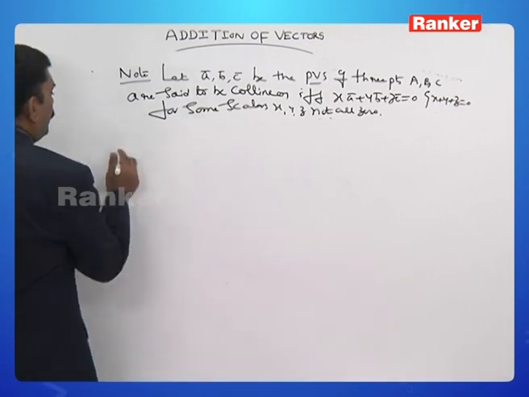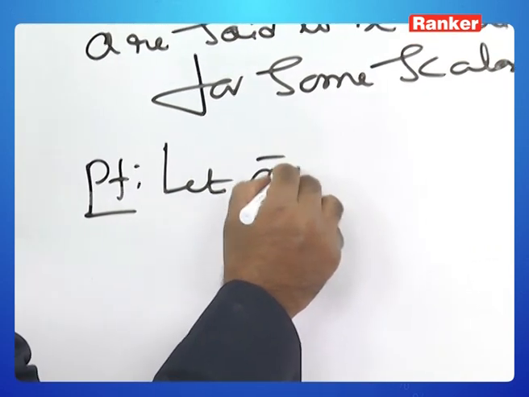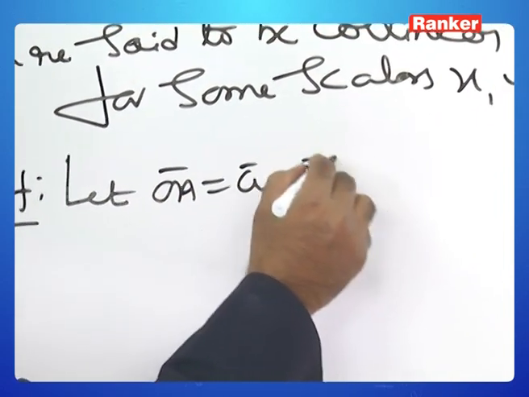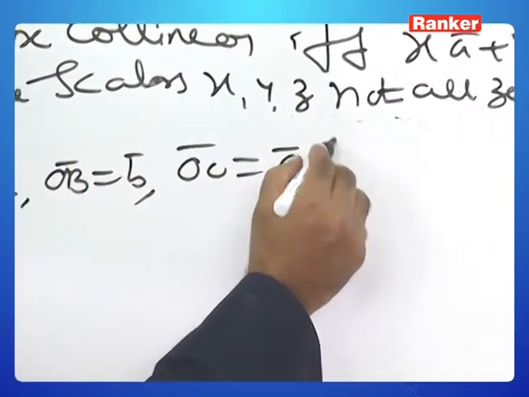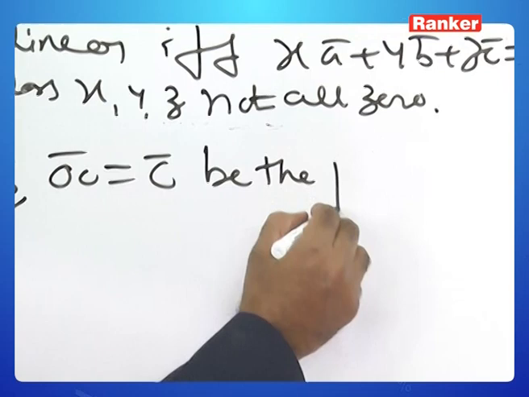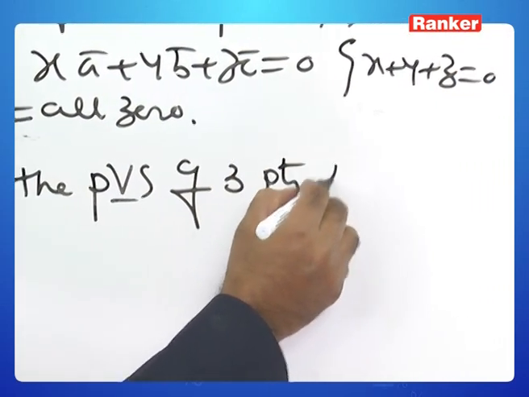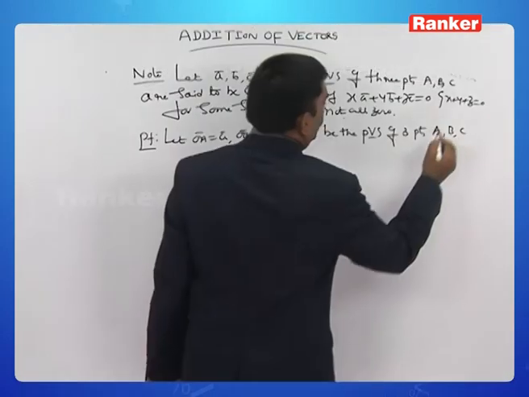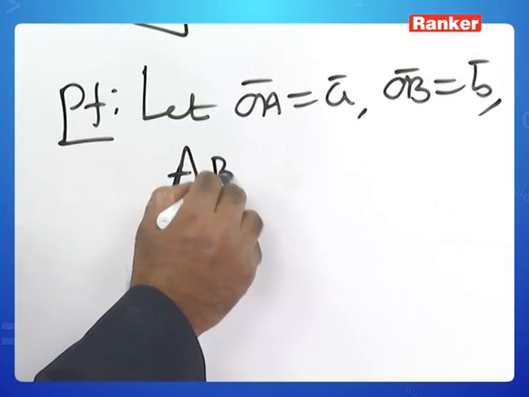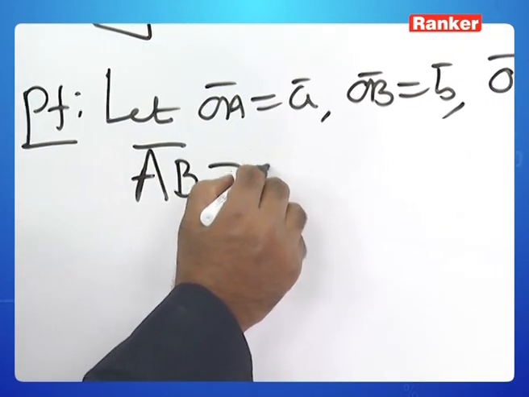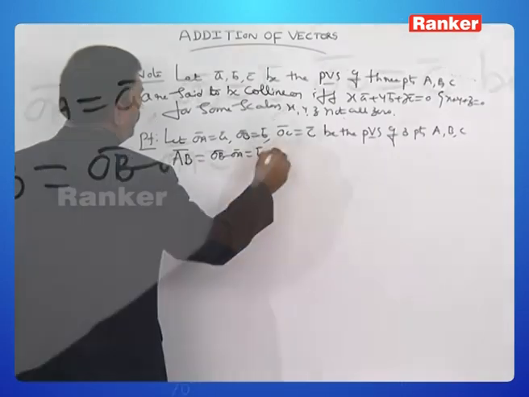So now the proof of this one is: let OA bar is equal to A bar, OB bar is equal to B bar, OC bar is equal to C bar be the position vectors of 3 points capital A, B, C. So therefore, I can write AB bar is equal to OB minus OA is equal to B bar minus A bar.